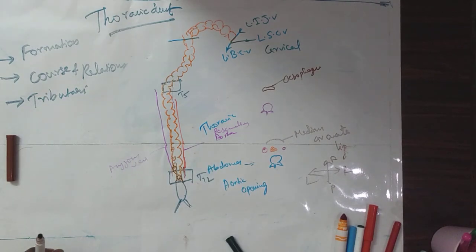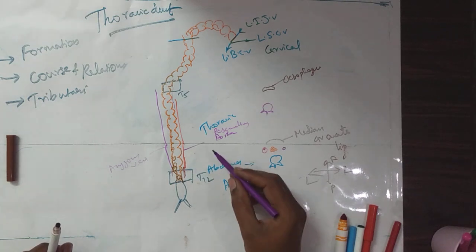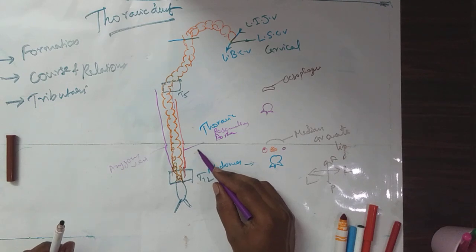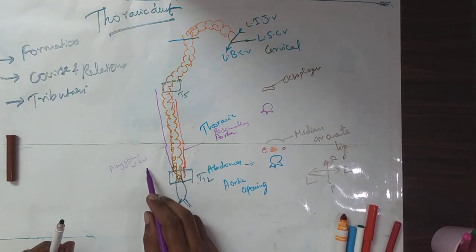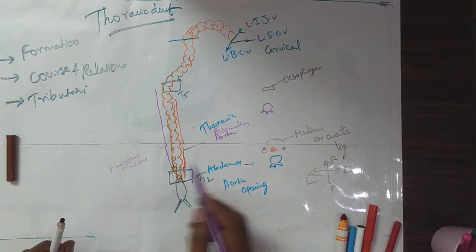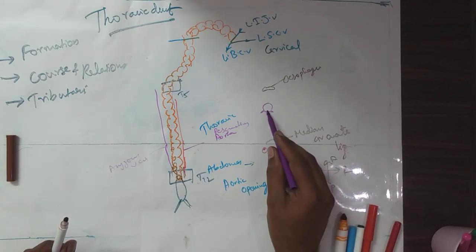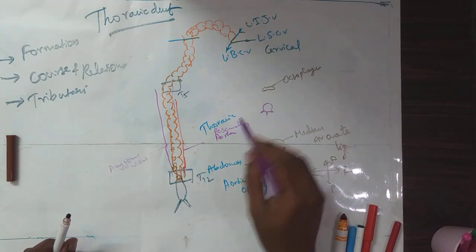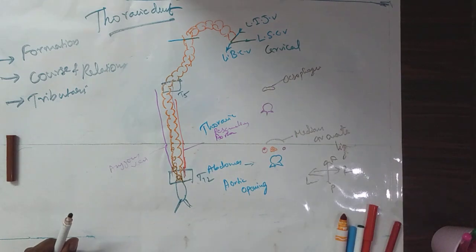So in this posterior mediastinum it's related with two things, that is, on the left side it's related with the descending aorta, right side it's related with the azygous vein, posteriorly with the vertebrae, anteriorly with the esophagus.